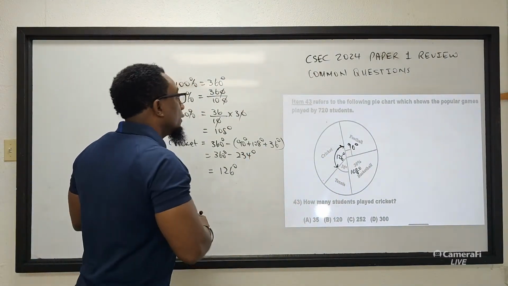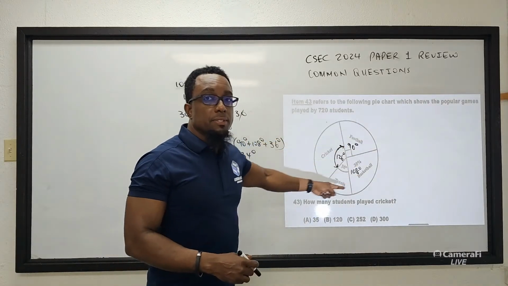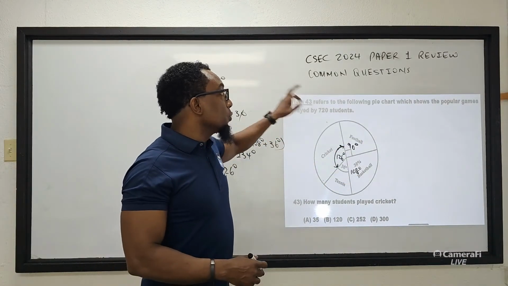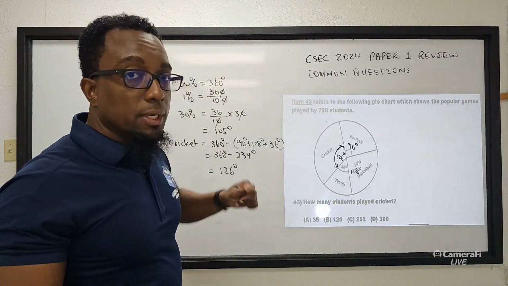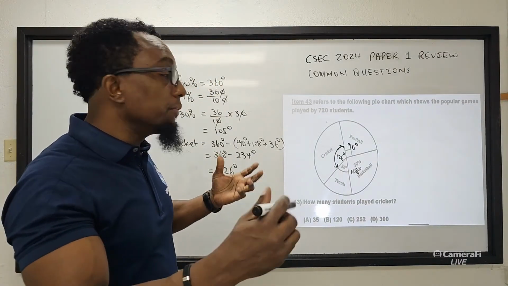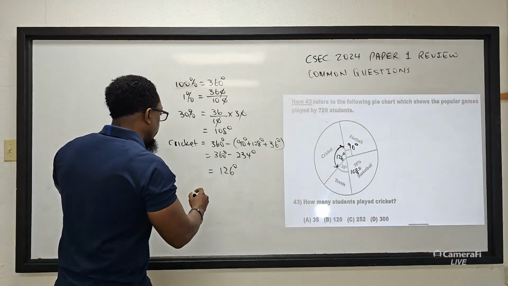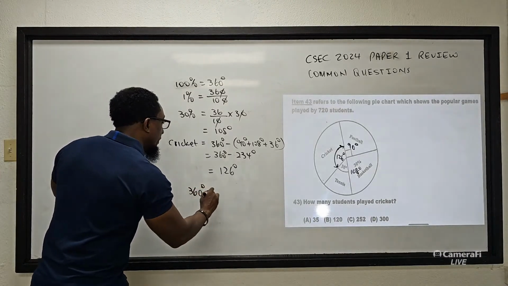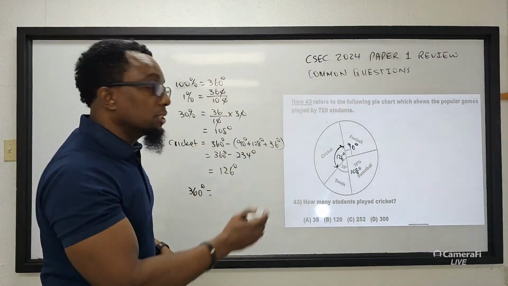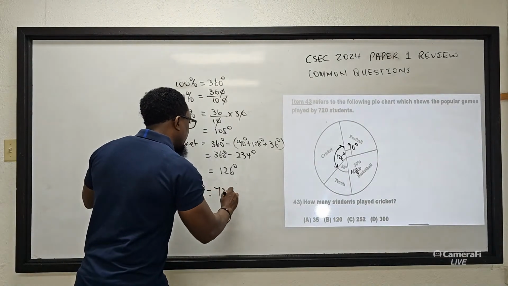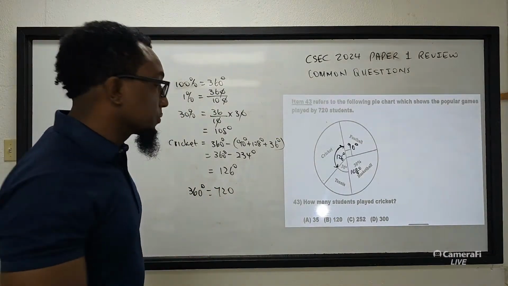We know that 360 degrees represents the entire circle, and the total amount of students who play the popular games is 720 students. So you can establish a relationship between 360 degrees, that's the full circle, and the total number of students, which is a full circle as well, 720 students.